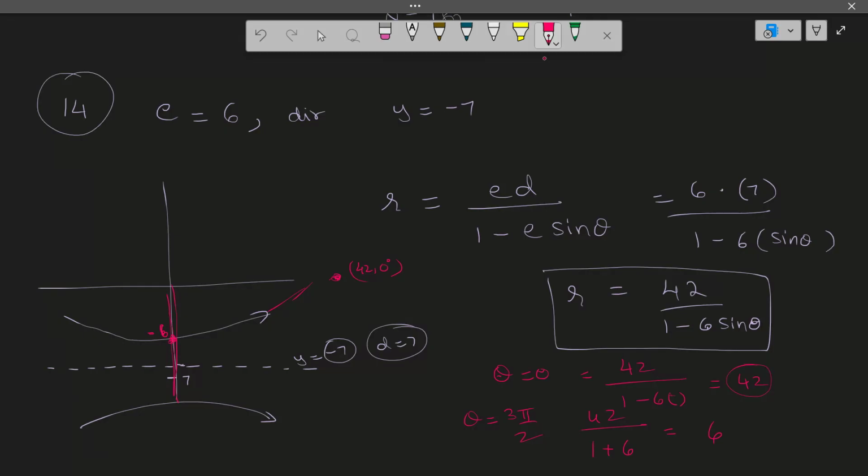And then what else do we do? We'll have to look at the other values if possible. I don't know if I should look for another value or this much is good enough. Let me check the possibility that I've made any mistakes. 42 over 1 minus 6 sine theta. Okay, that looks good.